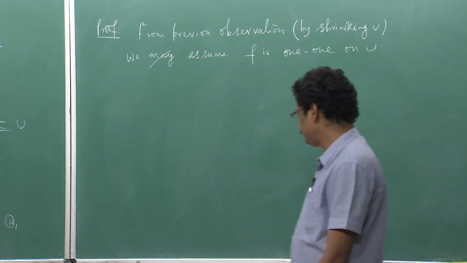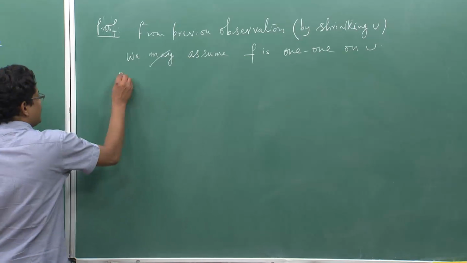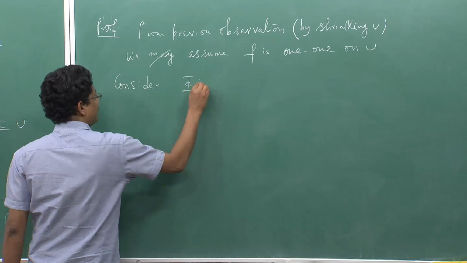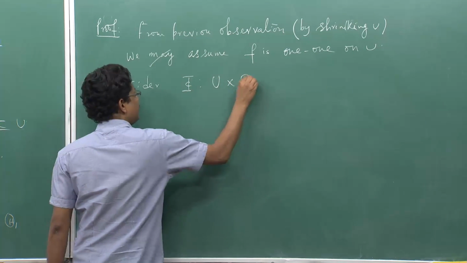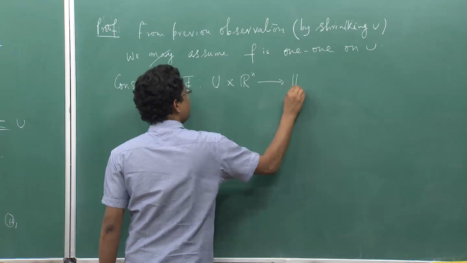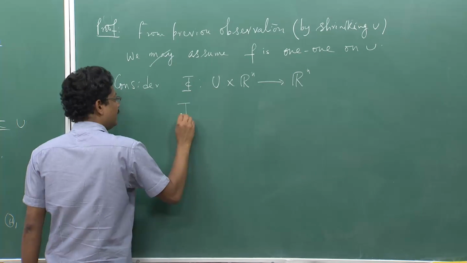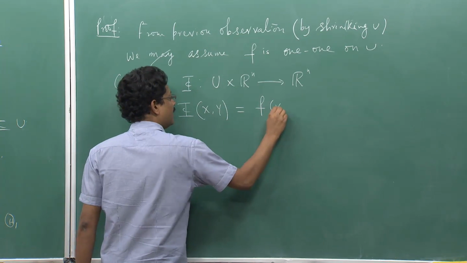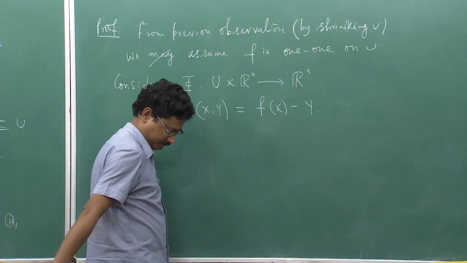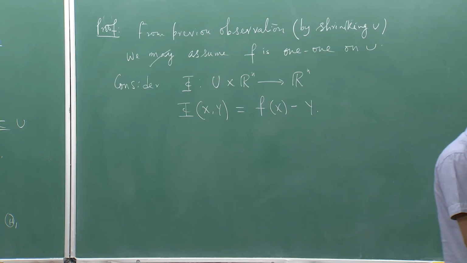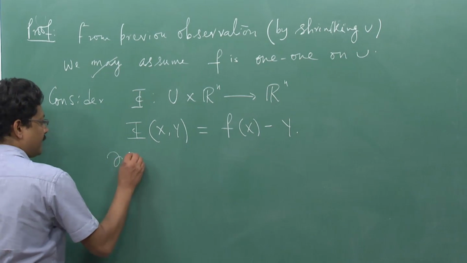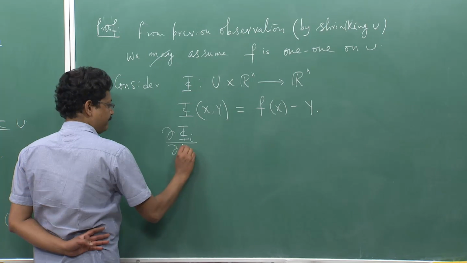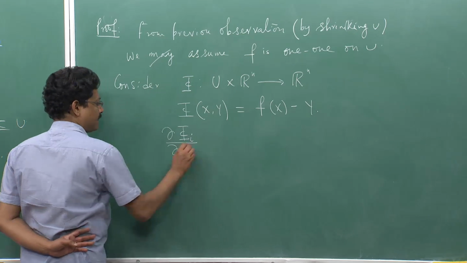Now consider this function, let us say capital phi from U cross R^n to R^n, phi of x, y equals f of x minus y. Okay. So, what is del phi i, del x j?